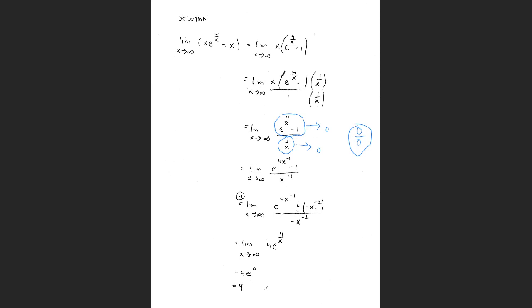But of course, I'll write that 4 over x as 4 times x to the negative first power. That's my function f. And then my function g down here, x to the negative first, that would be my g. I apply L'Hopital's rule, take the derivative of the numerator and denominator.